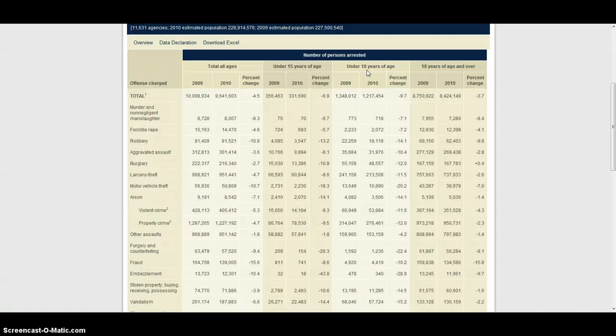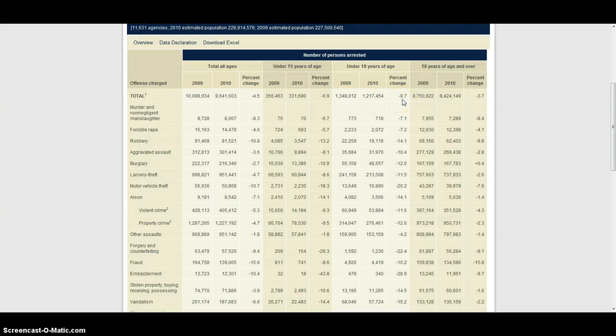Of course, if this was a Missouri level report, just a state report from Missouri, juveniles would be considered 16 and younger. But this is a federal level report, so juveniles are considered under the age of 18. And you can see here it does some comparison from 2009 to 2010, and the total number of persons that were arrested during that year.